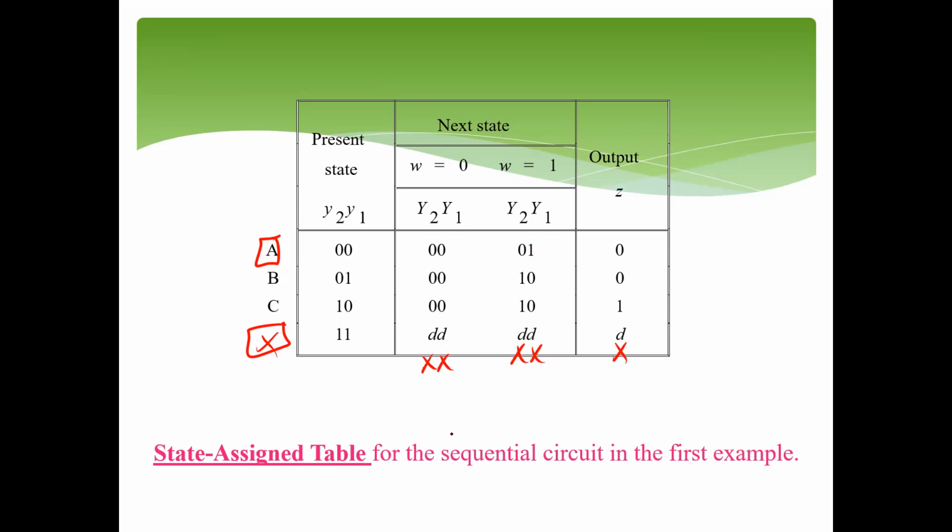D means don't care. But in these slides they don't use X for that, because X means unknown. Unknown means 0 or 1, maybe either it's floating or not connected. Floating is Z, but in not connected it is X. So D means 0 or 1, don't care in this case.